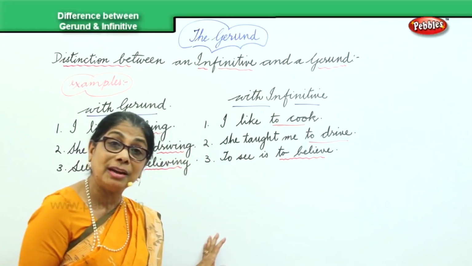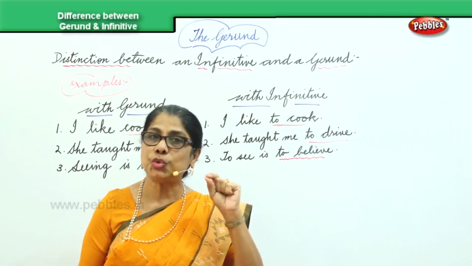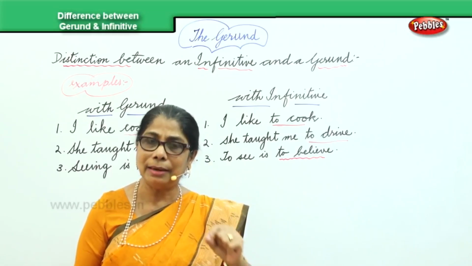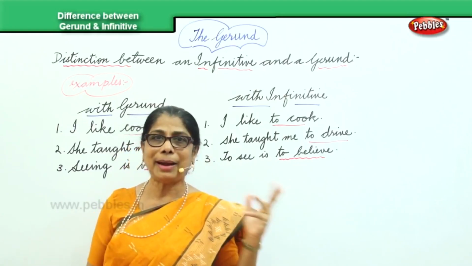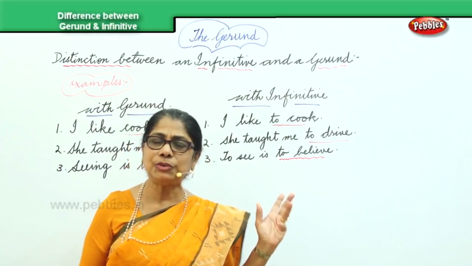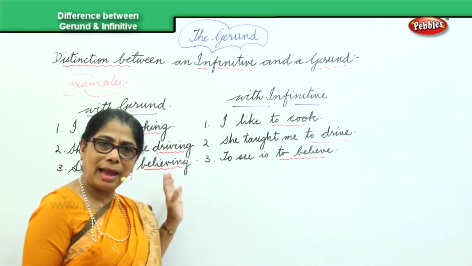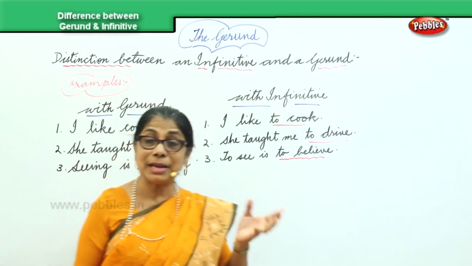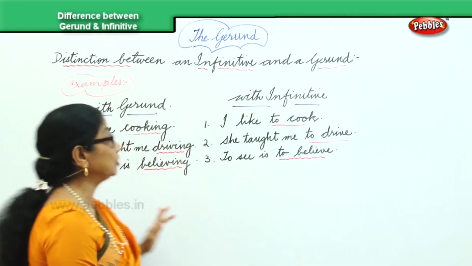But in the case of the gerund, you always add -ing to the verb. Actually, there isn't much difference between the gerund and the infinitive. Sometimes you can use one for the other without making much change.